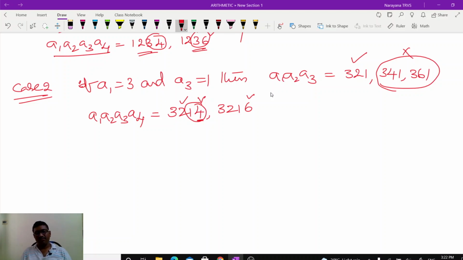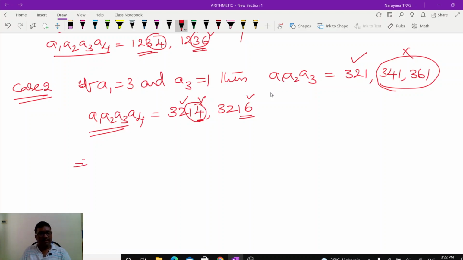By the divisibility rule of 4, 16 is exactly divisible by 4, 4 times 4 is 16. So the possible value for a1, a2, a3, a4 is 3216.